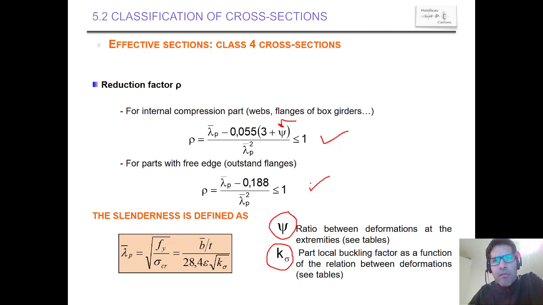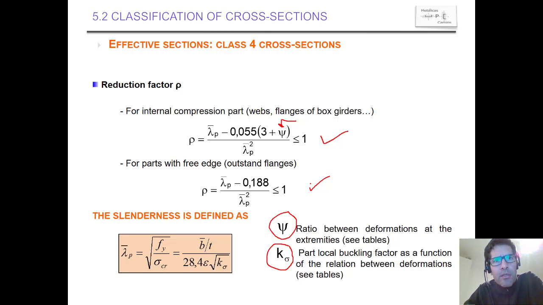Let's see tables for that. And k sigma is obtained from those tables, which is the corresponding local buckling factor as a function of the relationship between deformations and boundary conditions, all of which comes from the mathematical solution of the differential equation. So we need to define rho.